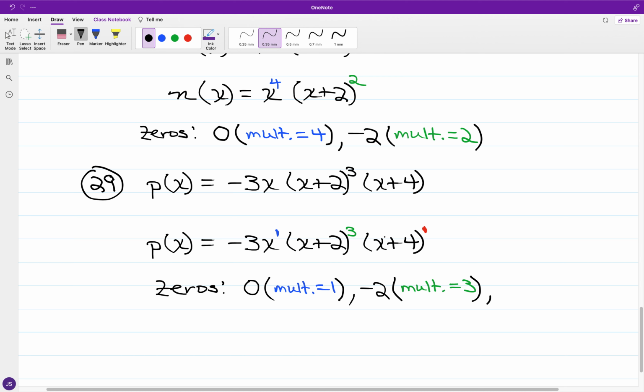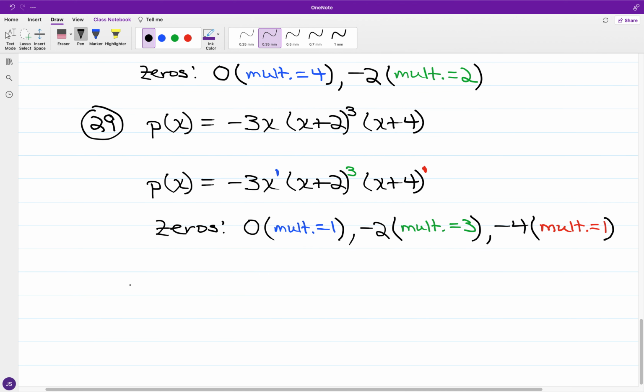And for x plus 4, if I set this equal to 0, we have x equal to -4. And just like 0, the corresponding factor is only a first degree. So -4 is going to have a multiplicity value of 1. Okay, so those would be the zeros and their corresponding multiplicities.